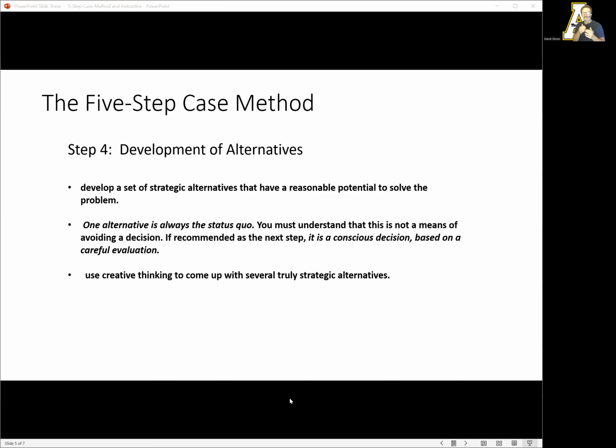You understand that this is not a means of avoiding a decision. If it's recommended as a next step, you're making a conscious decision based upon evaluation. All right. You're not deciding to not decide. You are making a decision based upon a conscious effort that you think the status quo is the best thing that you can do. And then finally, use creative thinking to come up with truly strategic alternatives.